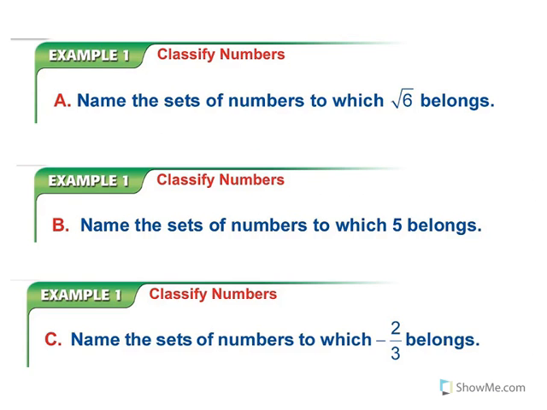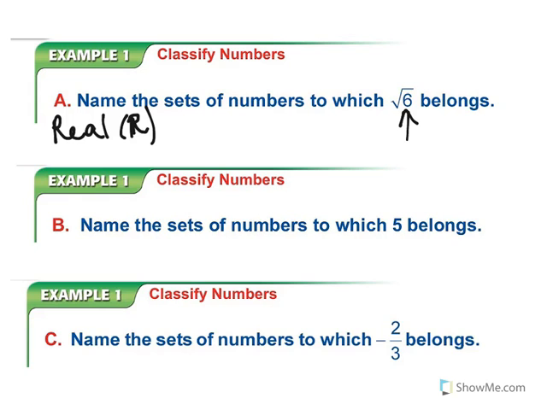Let's try some examples. Example 1, name these sets of numbers to which the square root of 6 belongs. Okay, so that means that could be more than one answer. So what you want to do is you want to start with the process of elimination. We know that this is a real number, so we'll start with that. So we say real, and then in parentheses we put the capital R. And then a quick trick, you can actually put this into your calculator, and what you should see is you get a decimal that doesn't end, and it just keeps going on and on forever, and it's not repeating the same number over and over in a pattern.